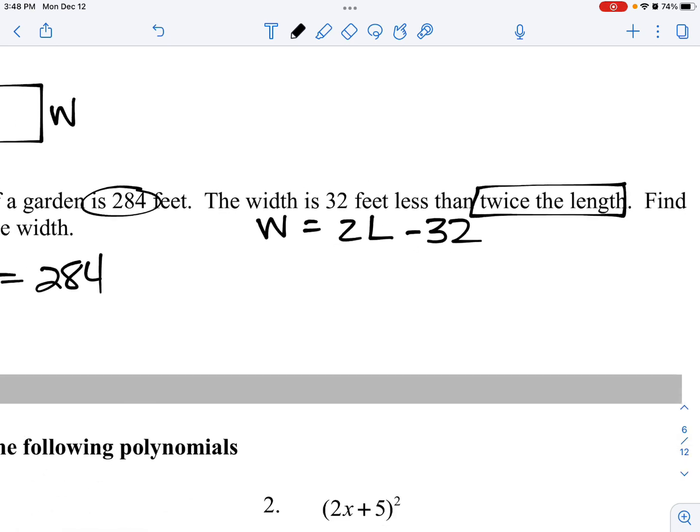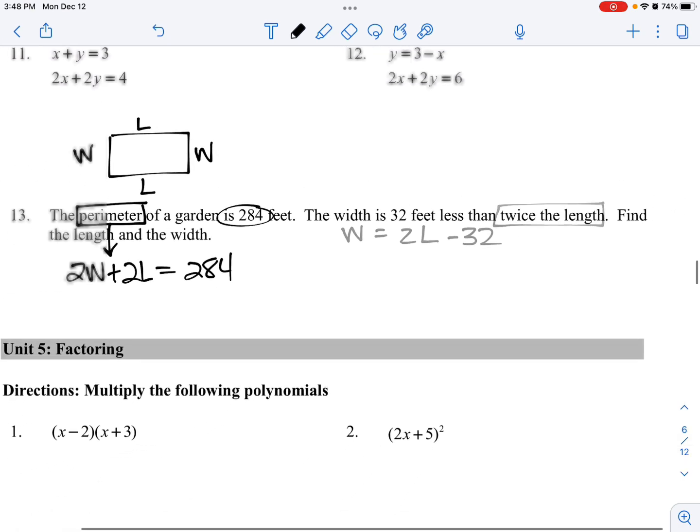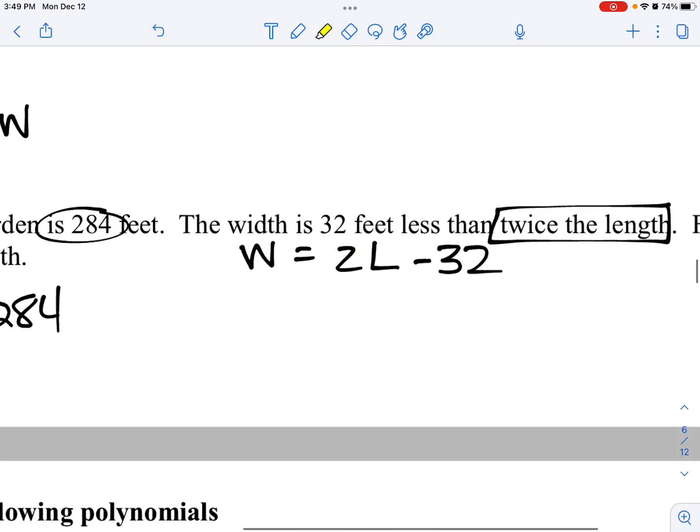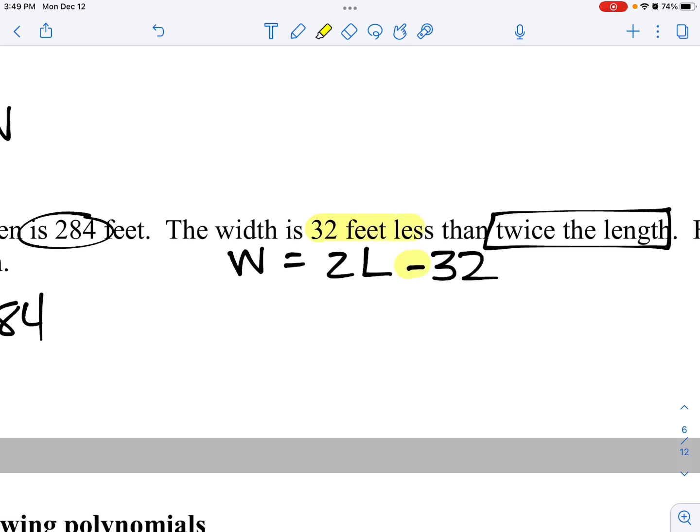Okay? That was a little bit weird, but you have to read the sentence and be able to turn it into math. That is a really advanced topic, but the width is, that's why I wrote W equals. 32 feet less is kind of weird. When you do 32 feet less, that means minus 32. And twice the length means 2L. Okay, so I wrote that equation.